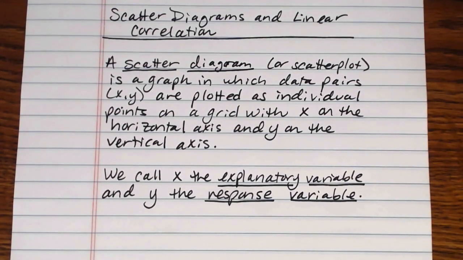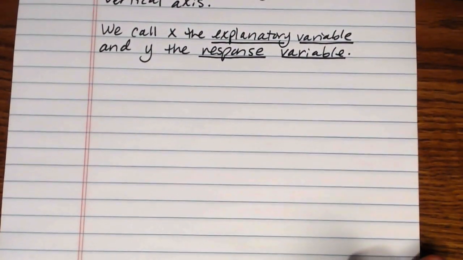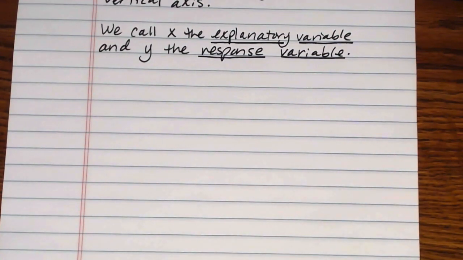Let me grab some data here. So here's some data looking at health insurance: X is the average number of employees that are in a group health insurance plan, and Y is the average administrative cost of the plan as a percentage of the claims.